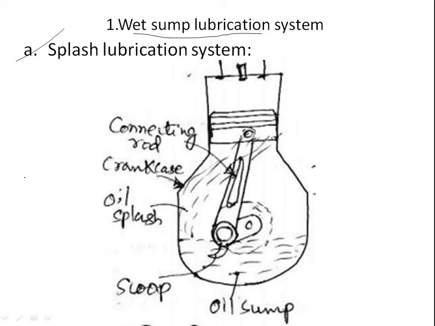You all can see the splash lubrication system. First we'll discuss the wet sump lubrication system. This system requires a large capacity oil sump at the base of the crankshaft, from which the oil is drawn by a low pressure oil pump and delivered to various parts.